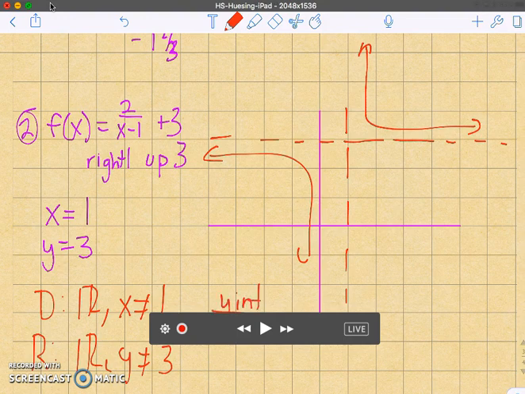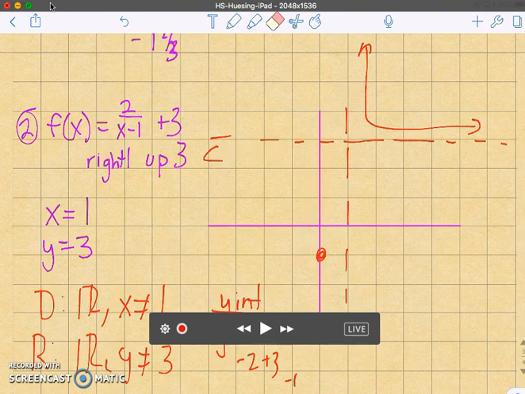So our y-intercept: 2 over 0 minus 1, plus 3. So that'd be negative 2 plus 3, or negative 1. So we could draw this more accurately, and we could erase part of this, because we know that it crosses the y-axis at negative 1.